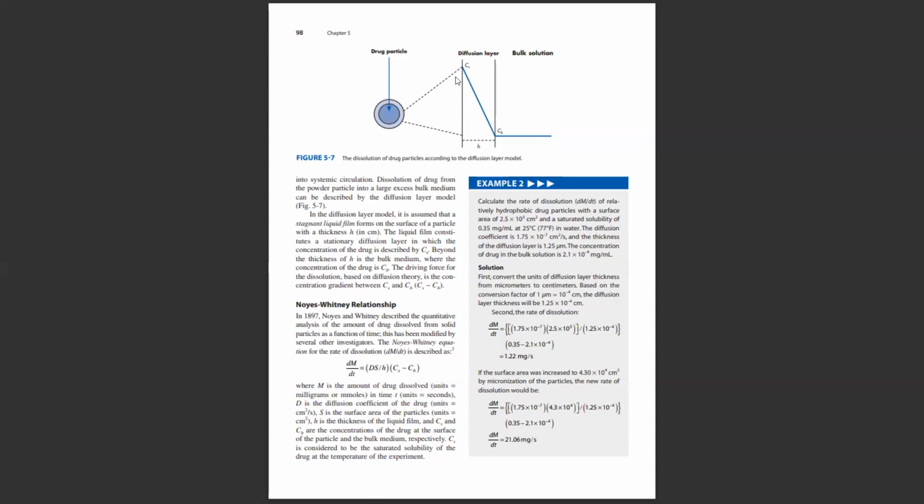And beyond this height is the bulk medium, where the concentration of the drug is Cb. From this model, they come up with the Noyes-Whitney equation, which is what is used to determine the dissolution.